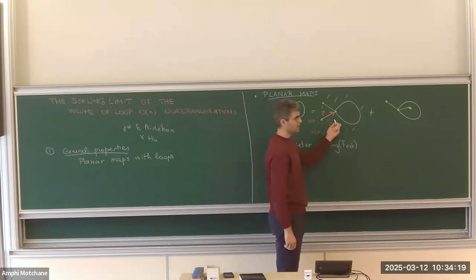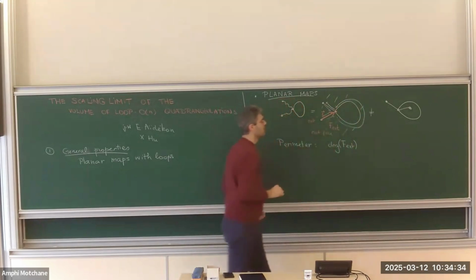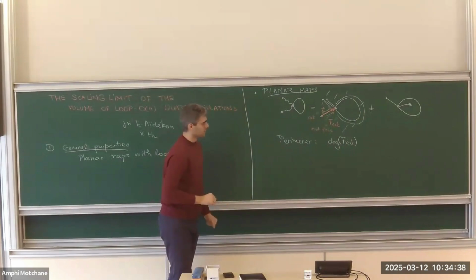So in this drawing, the perimeter is 5, because when you draw the contour of this face, you find this edge twice, this edge twice, and this one once. So you have 5 edges along the face.